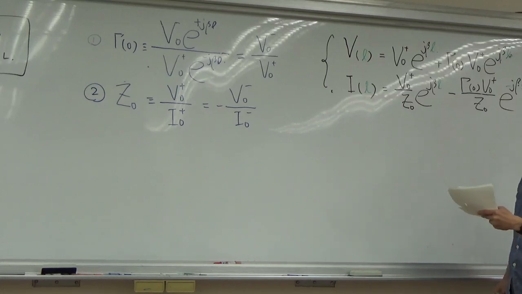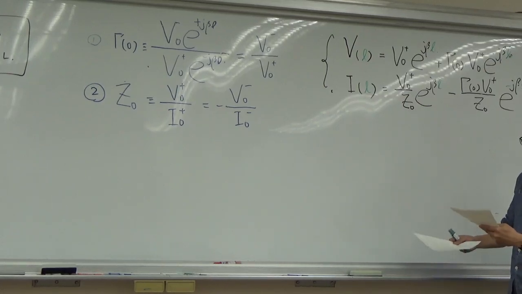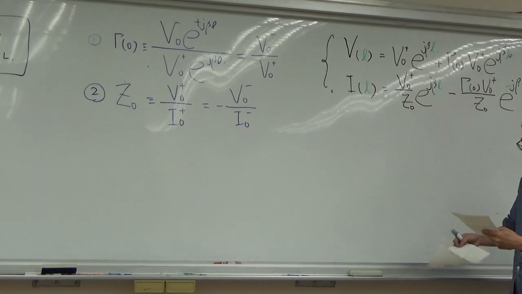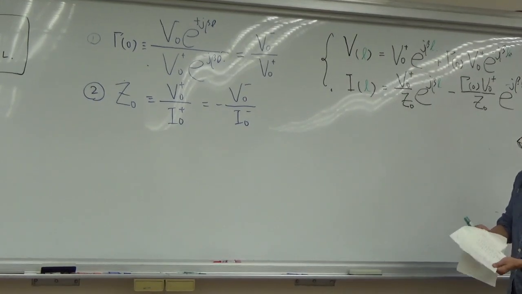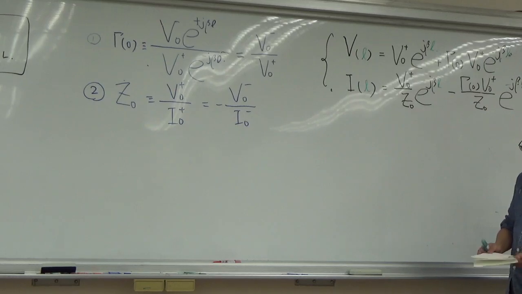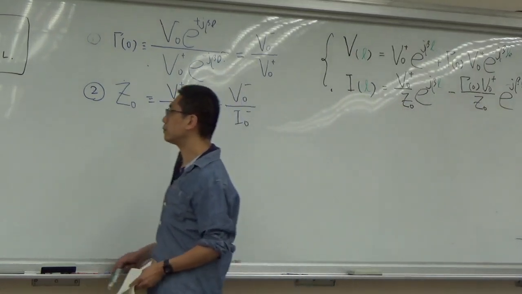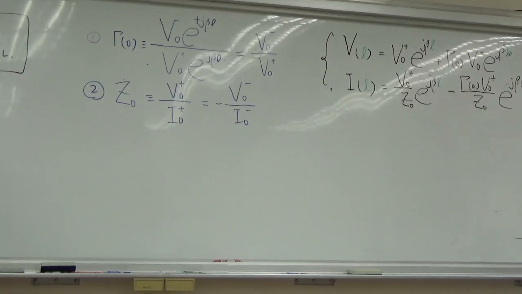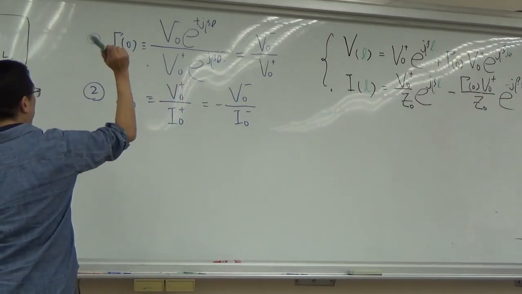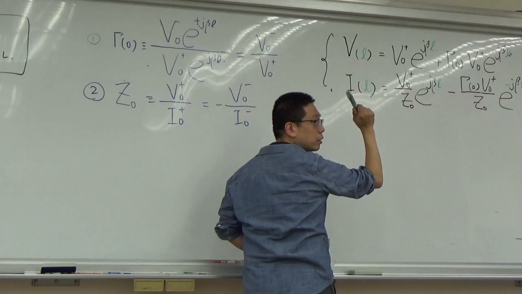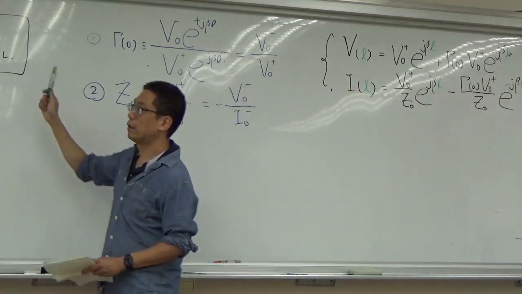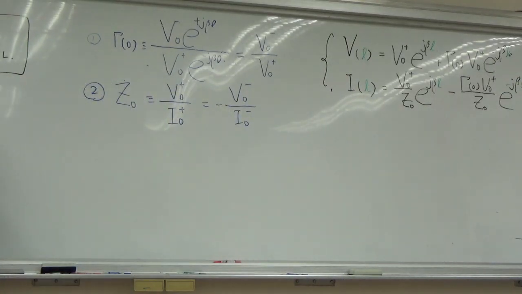Okay, what else? We have the equation of voltage and current everywhere on this transmission line. We have the reflection coefficient function anywhere on this transmission line, right?